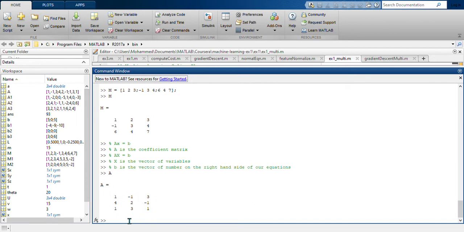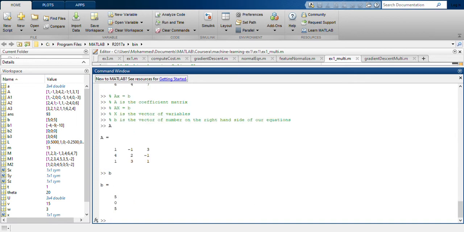I had it in my variables here. The corresponding B vector representing the right hand side of the equations was this 505, and if we put these together we'll get the augmented matrix.